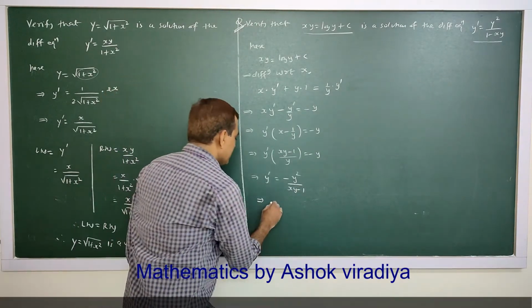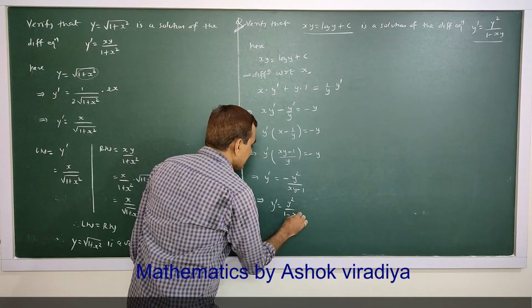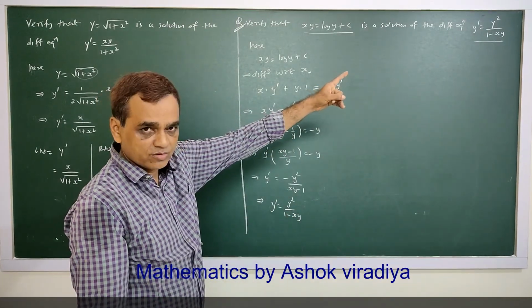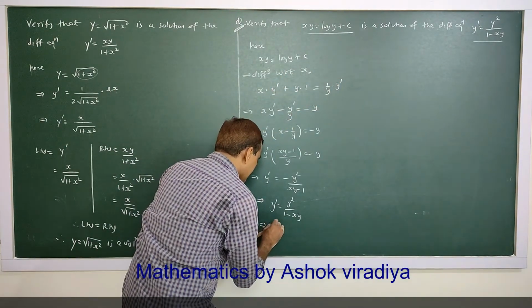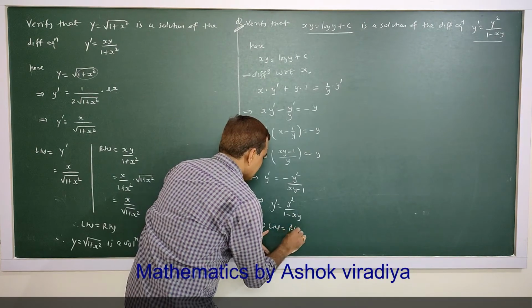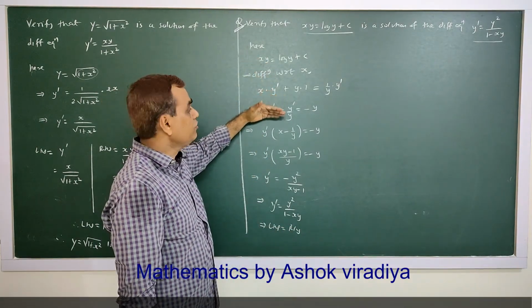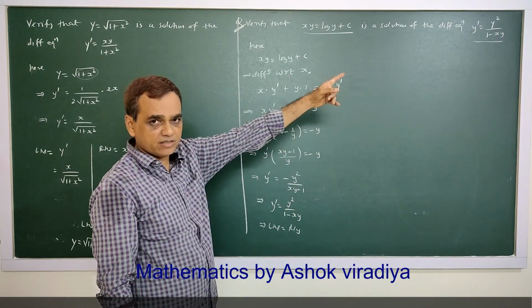So y dash is y square upon 1 minus xy. See, directly this is derived. So this is LHS equal to RHS. Differentiating the given equation and continuing the procedure, sometimes it is automatically generated.